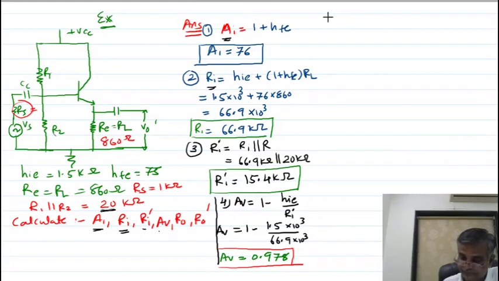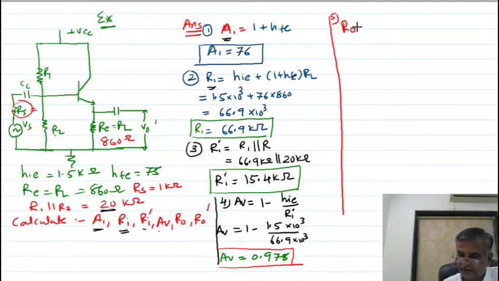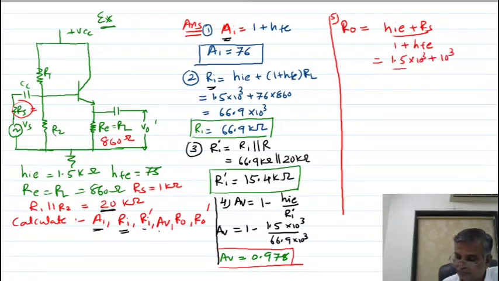Now RO, the fifth one. RO is given by HIE plus RS upon 1 plus HFE: 1.5 kilo ohm plus 1 kilo ohm, upon 1 plus 75. If you calculate this value, I get 32.89 ohm.